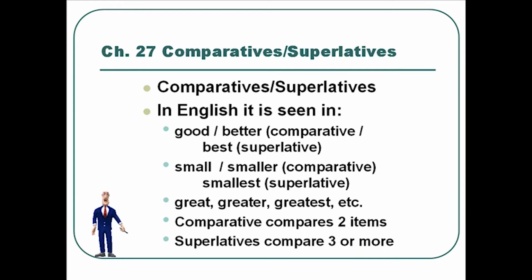So basically that's the distinction we make in English with the ER ending for comparative, the EST for superlative, the comparative comparing two items, the superlative saying it's the greatest or least of the three or more items of the group that we're comparing it with. So these are comparatives and superlatives and how they work in English. Pretty straightforward. Unfortunately, it won't be that straightforward in Greek.